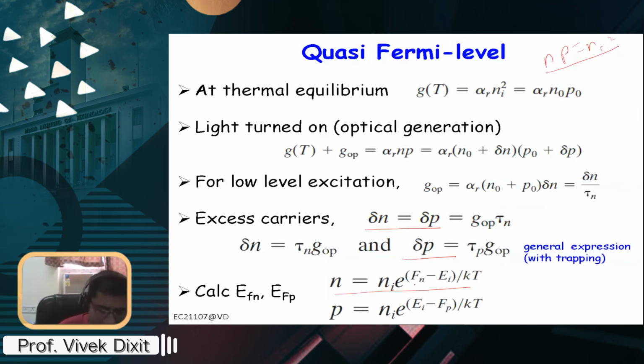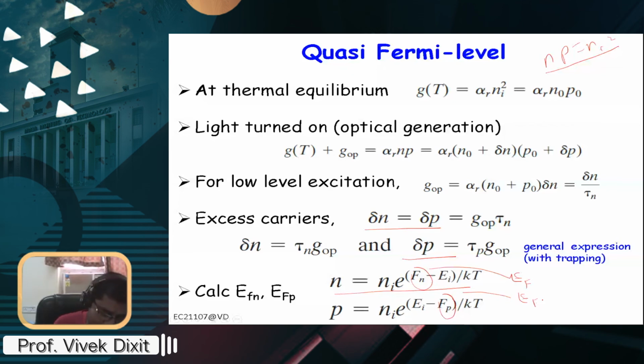So n is ni times exponential of (EF minus Ei) by kT, and similarly for p, we use (Ei minus EF) by kT. Now because the np product is not ni square, these two Fermi levels will not be the same.